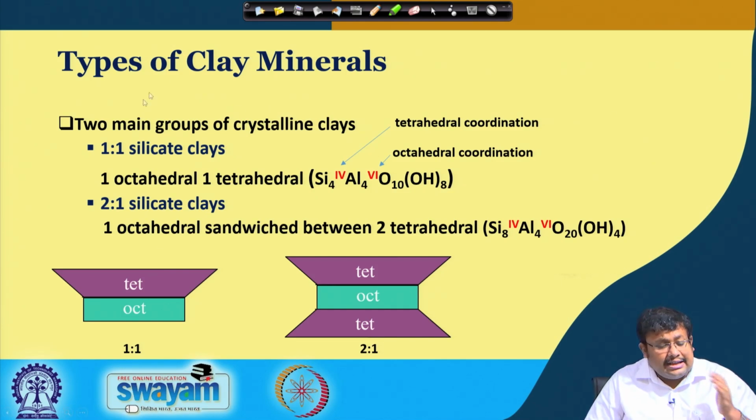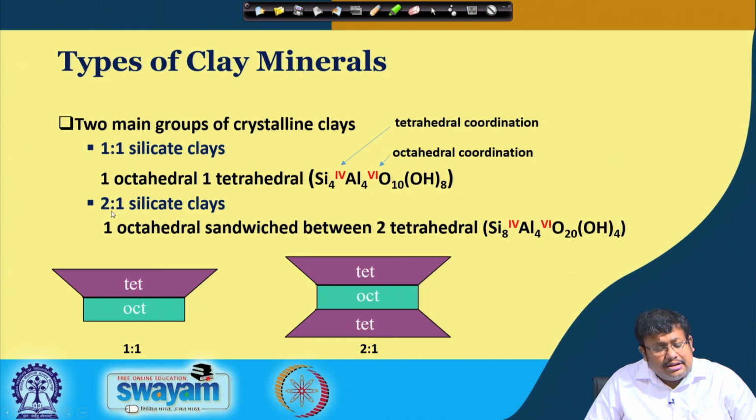So, let us first discuss the types of clay mineral. Obviously, as you know, there are two main groups of crystalline clays. The 1:1 type of clay is composed of one octahedral and one tetrahedral sheet, and this is the structural formula, where this 4 denotes the tetrahedral coordination and 6 denotes the 6-fold coordination, or octahedral coordination, for aluminum.